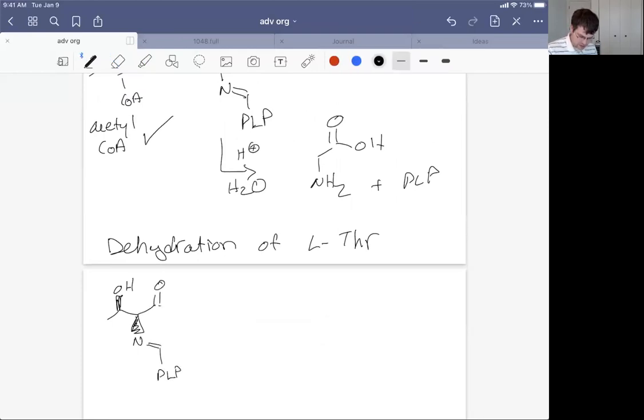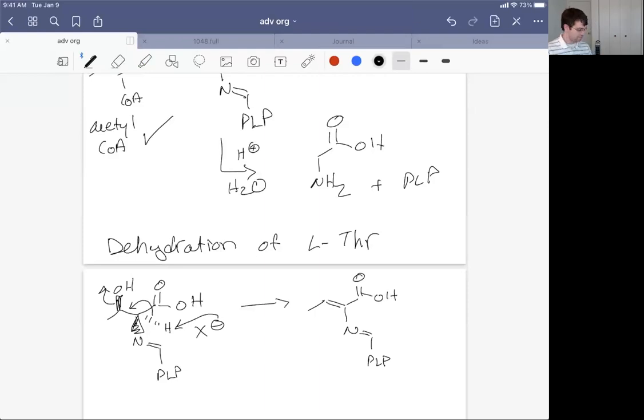So we're going to take threonine and already have it adducted to PLP. With a dehydration, what I need to do is let some base come, remove the alpha hydrogen, and then push off the OH to get a net loss of H2O. Now, if we do this, we have an enamine again.